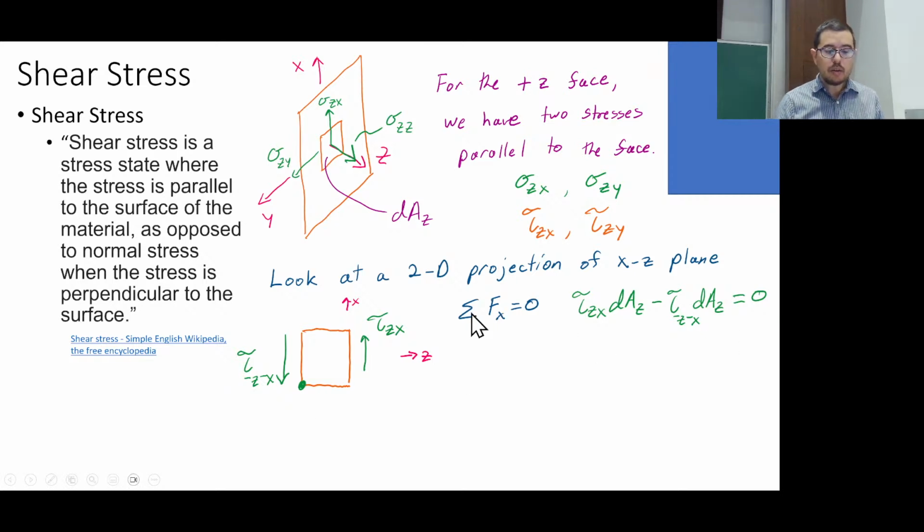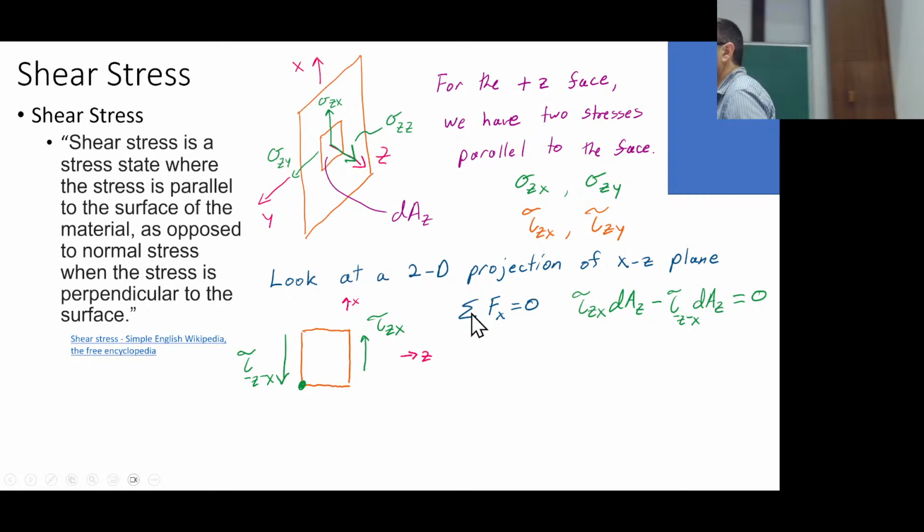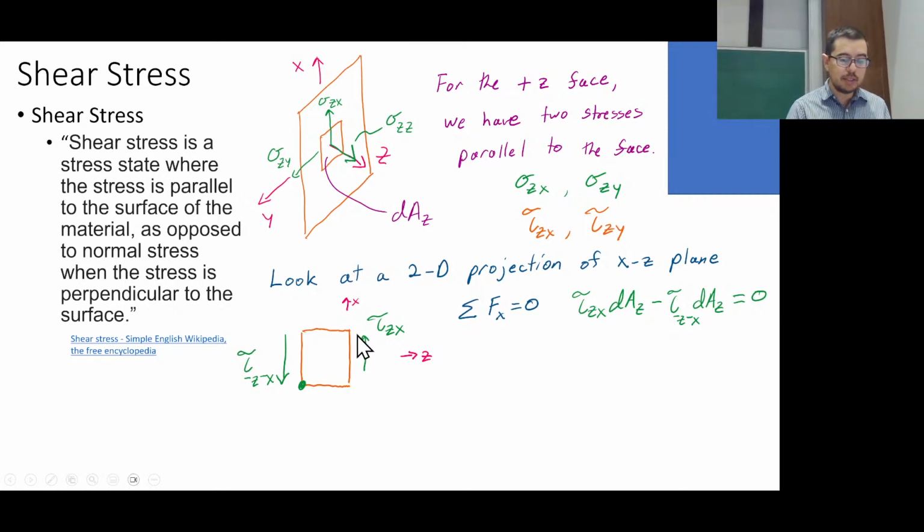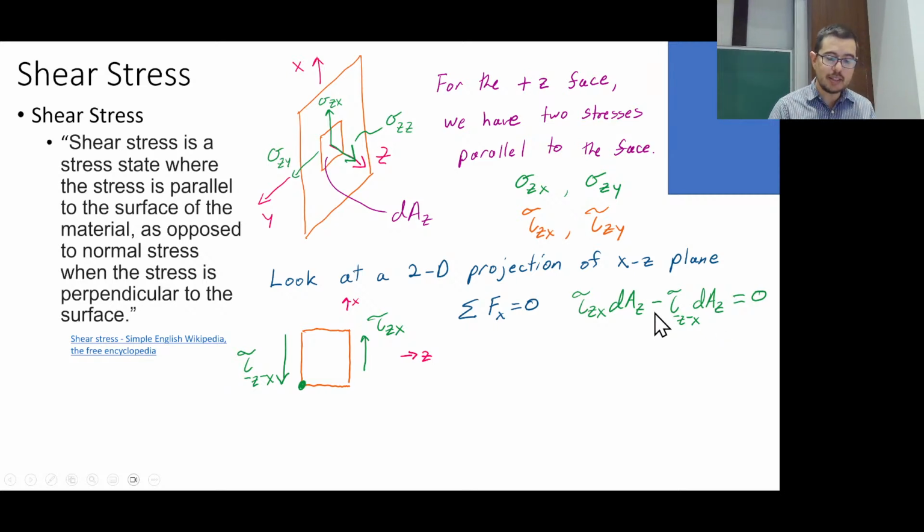So if we look at equilibrium on this element, tau zx is acting on the z face, and tau minus z minus x is acting on the minus z face, and this has got to be equal to 0.